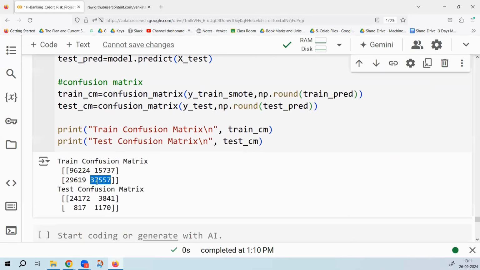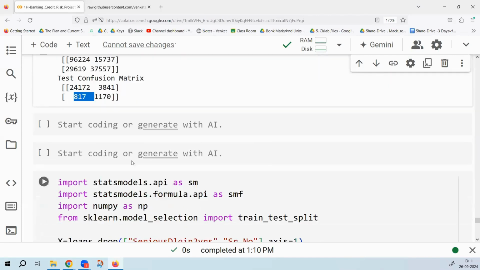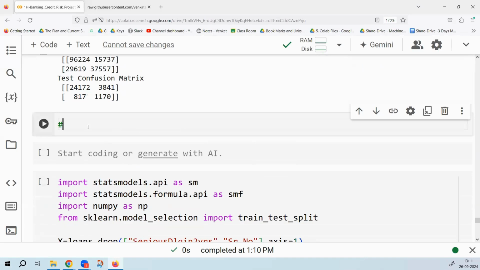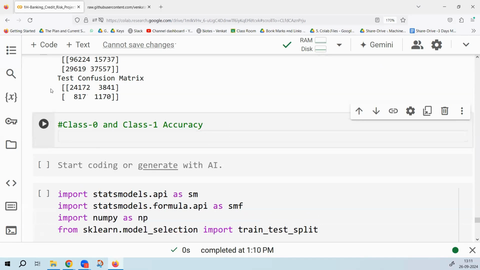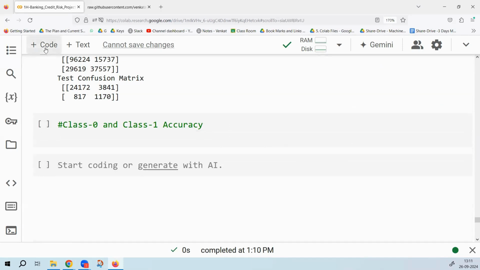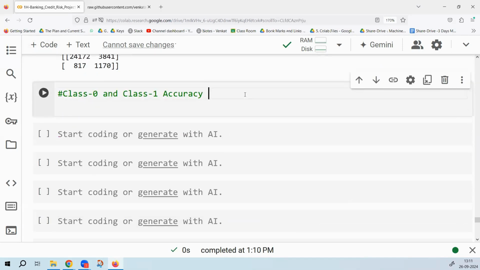More number of ones are predicted. The mistakes that we are doing here are reduced. But the thing that I'm interested in is class 0 and class 1 class-wise accuracy on trained data.